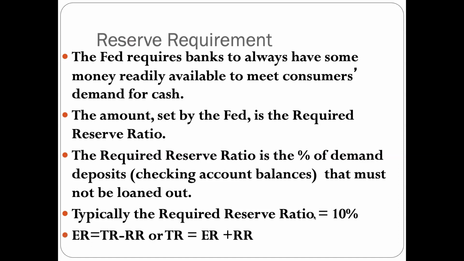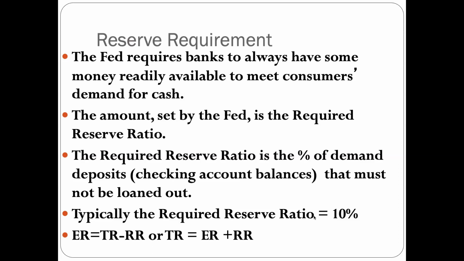And a couple of important equations deal with excess reserves, total reserves, and required reserves. So excess reserves is ER, total reserves is TR, and required reserves is RR. Excess reserves, which is the amount of money that the bank can lend out, is equal to total reserves, the amount that was put in by the deposit, minus the required reserves, which is the amount that the bank has to hold.